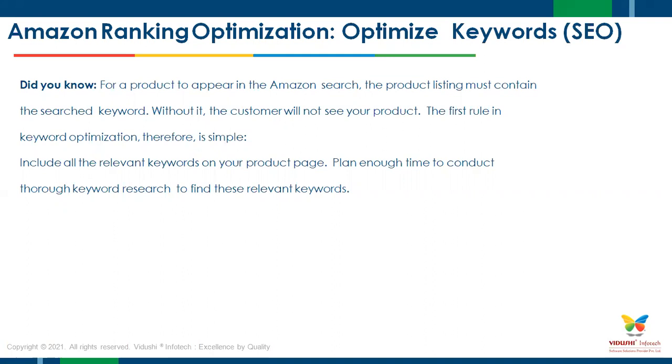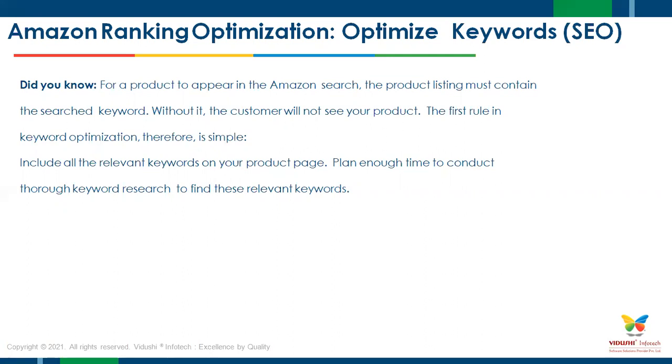You can say keywords are the soul of the Amazon search engine. If you don't have related keywords on your Amazon page, the buyer won't see your product if he searches for it.